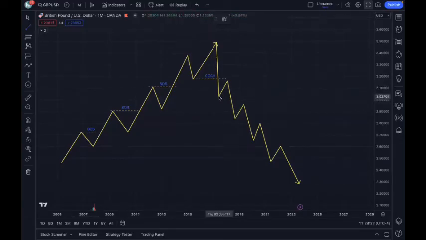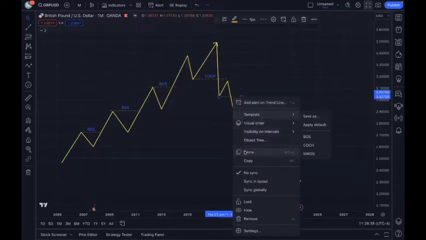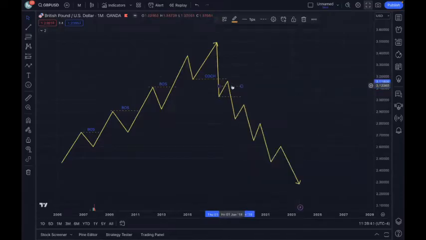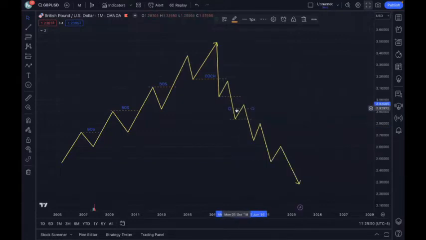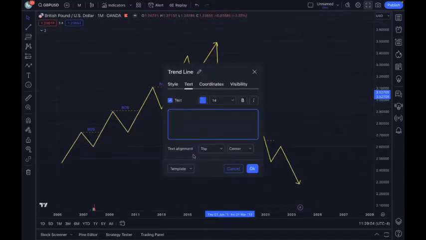Now, what is it doing? It's breaking the lows. Right there. And this becomes your new break of structure. But this time, it's on a downtrend.